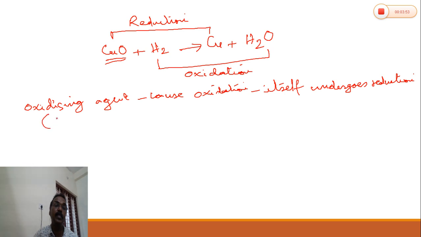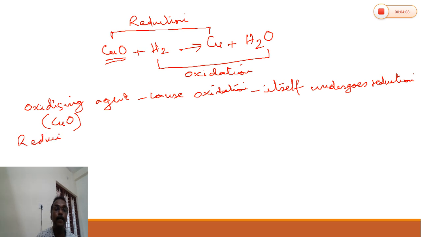Here, what is the oxidizing agent? Copper oxide is the oxidizing agent. Next, which undergoes reduction? Copper undergoes reduction. Who causes reduction? Hydrogen. So hydrogen is called the reducing agent.